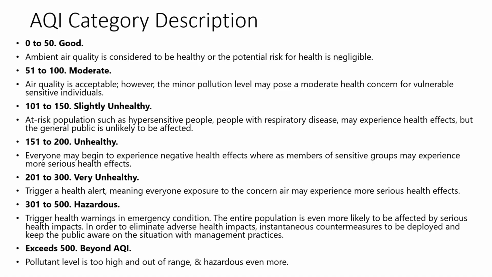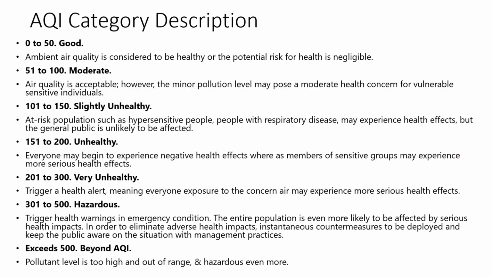And the next category, which is slightly unhealthy, index value from 101 to 150, at-risk populations such as hypersensitive people or people with respiratory diseases may experience health effects, but the general public is unlikely to be affected. And then the next category is considered unhealthy, the value from 151 to 200.